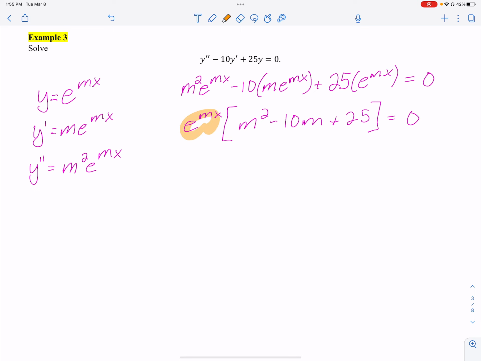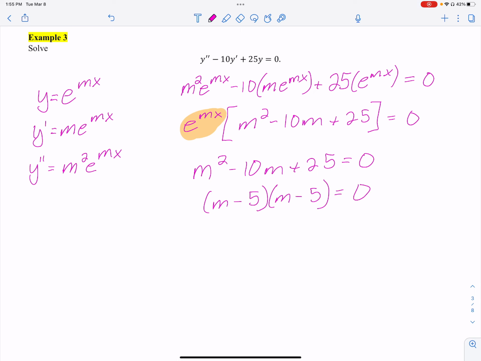So again, same reasoning. That'll never equal 0. So we're only going to look at what's called the characteristic equation. So we have this quadratic. If I can find m, then I can find solutions. There's factors. You can use the quadratic formula if you need to, but it factors to m minus 5 times m minus 5, which means m is 5.